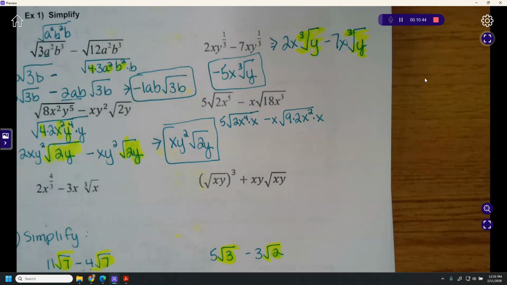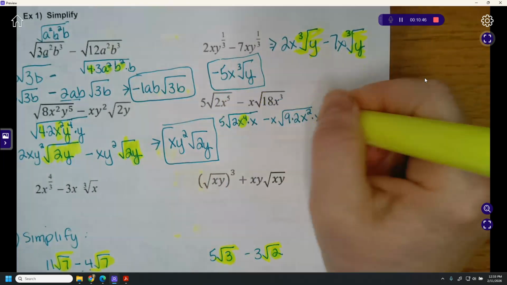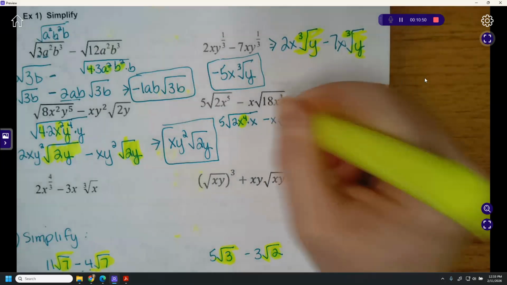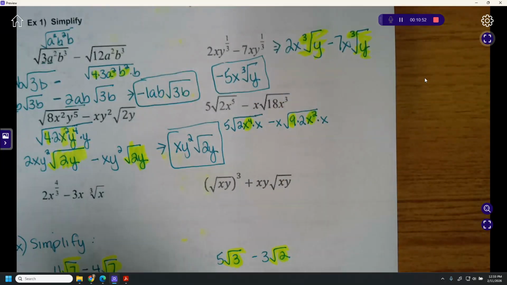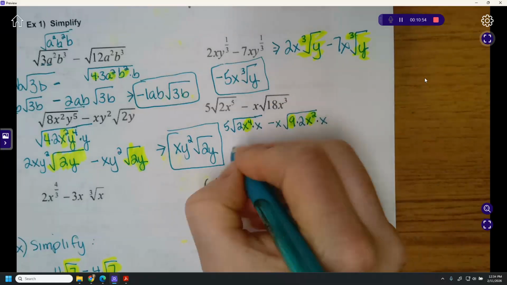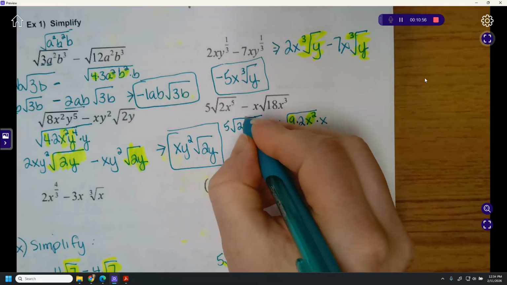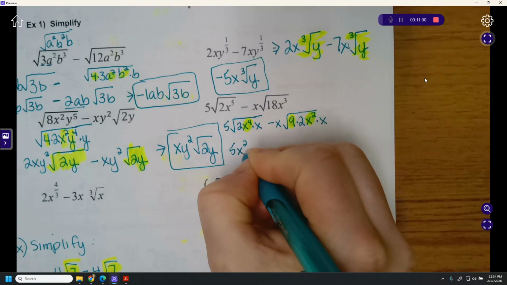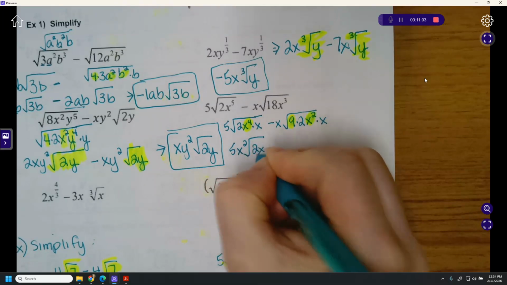I'm going to simplify any square roots that I can. I have an x to the 4th here, and I have an x squared and a 9 here. The x to the 4th comes out, and the square root of x to the 4th is x squared, so we have 5x squared on the outside, the square root of 2x on the inside.